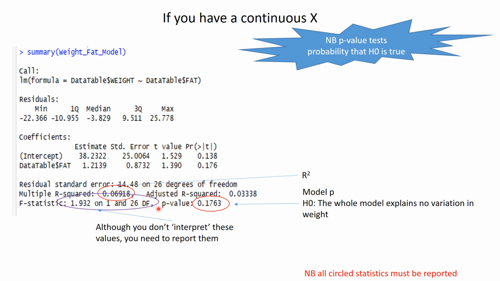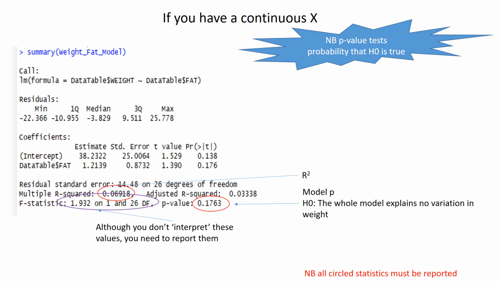So these are two very important whole model variables. The other important variables you can see here that we need to report are our F statistic and then the two degrees of freedom. You don't need to interpret those in the text, and I'm also not going to explain to you what they mean here.